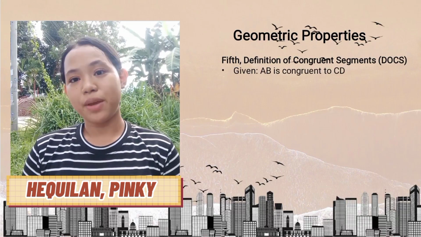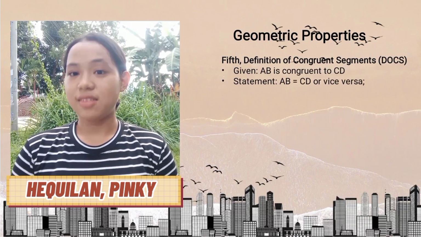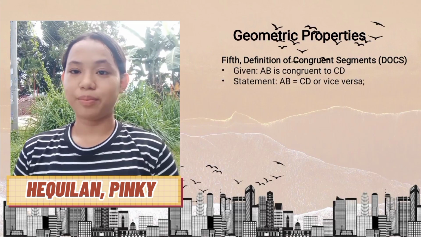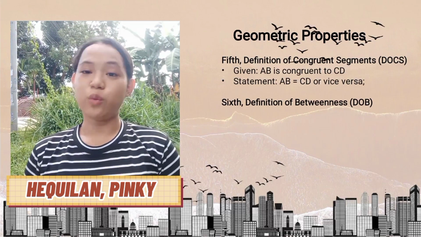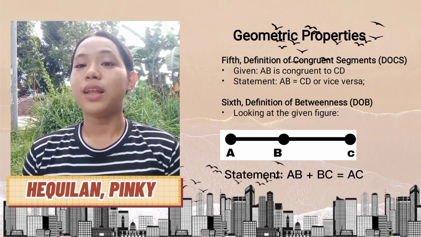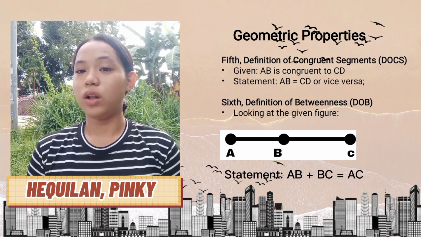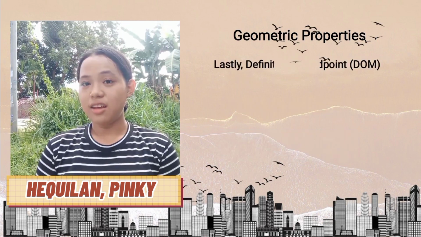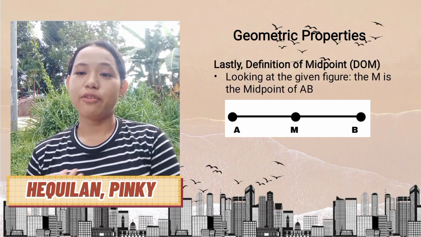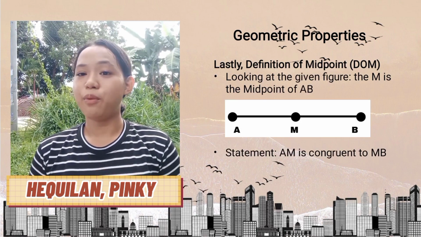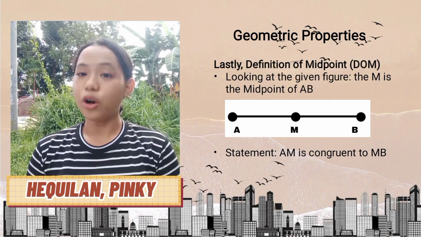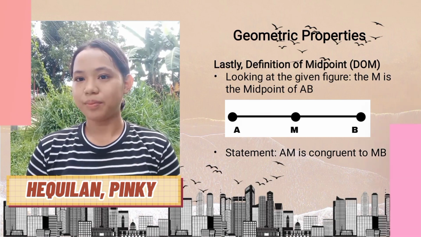The given is AB is congruent to CD, and the statement is AB is equal to CD or vice versa. Sixth is the definition of betweenness or DOB. Looking at the given figure, the statement is AB plus BC is equal to AC. Lastly is the definition of midpoint or DOM. Looking at the given figure, M is the midpoint of AB. So the statement is AM is congruent to MB.